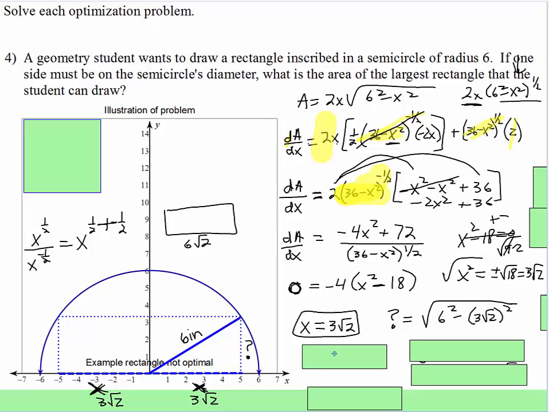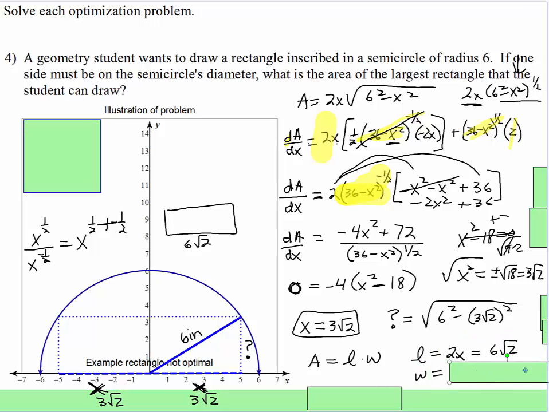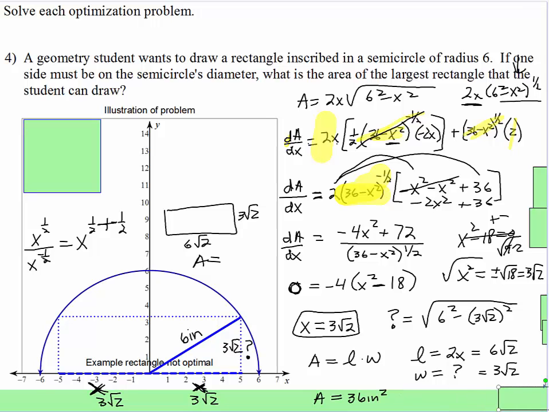When you simplify that, the question mark is also 3 root 2. So this is 3 root 2 also. And then when you multiply 6 root 2 times 3 root 2 to find the area, you'll find it is 36 inches squared.